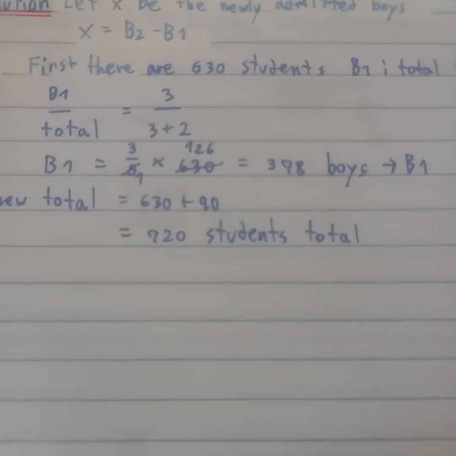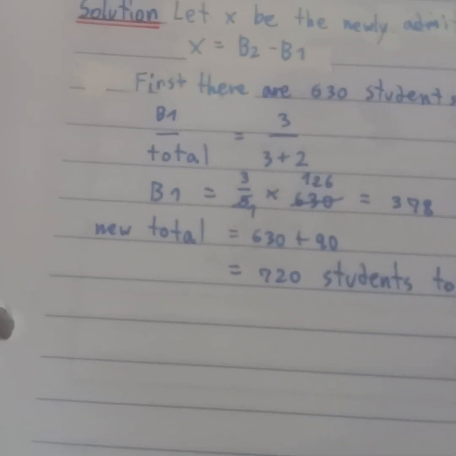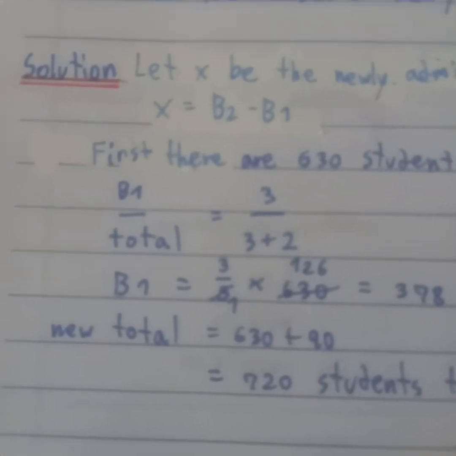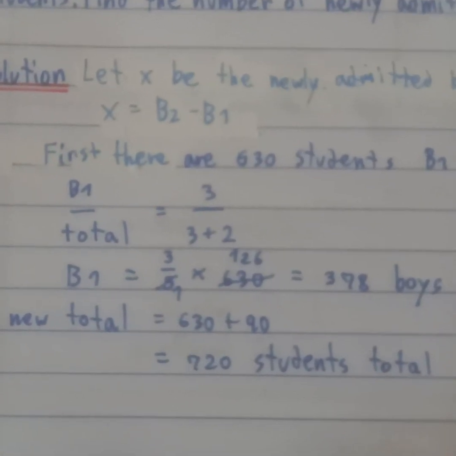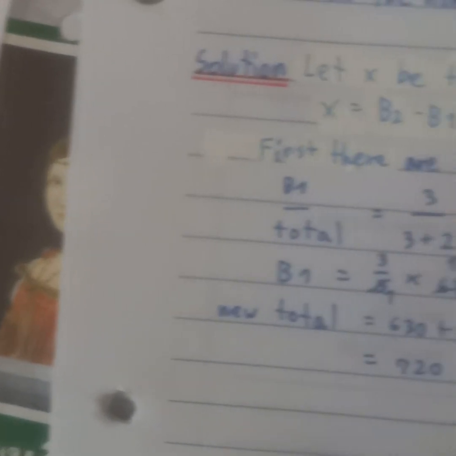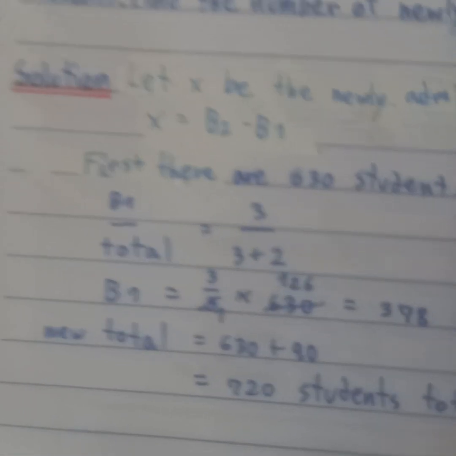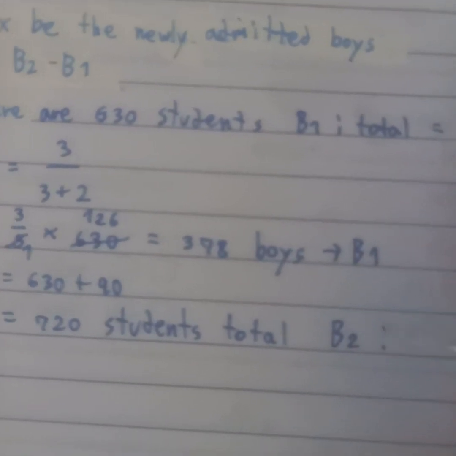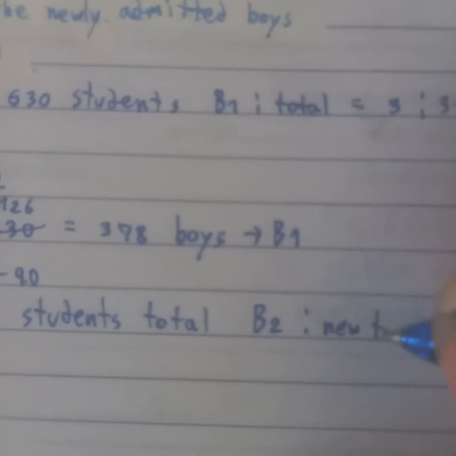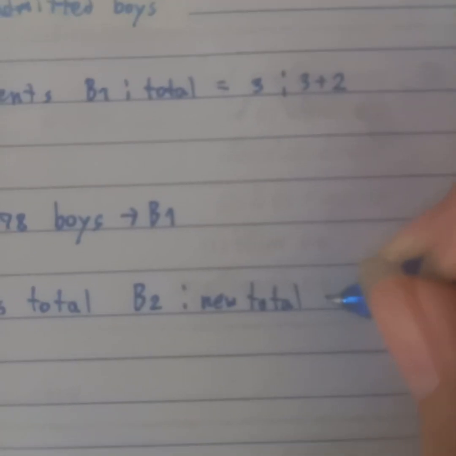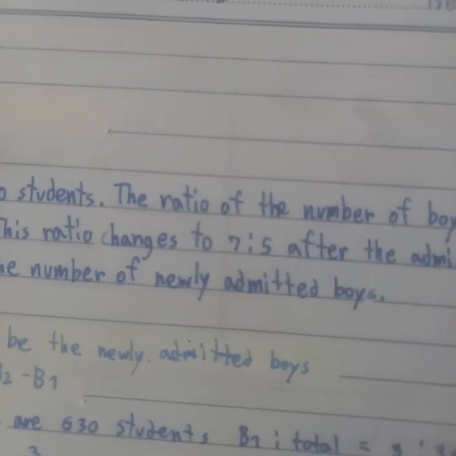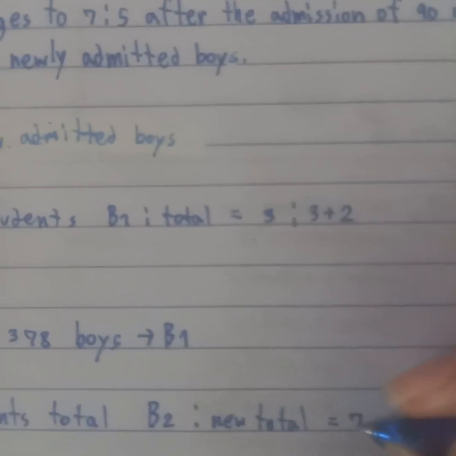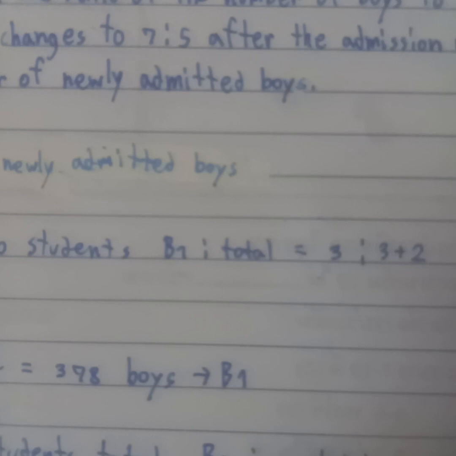Now that we have the new total, we can finally find B2, using the same formula as for B1. So we can rewrite it as: B2 to the new total equals the new ratio that the question provides, which is 7 to 7 plus 5.